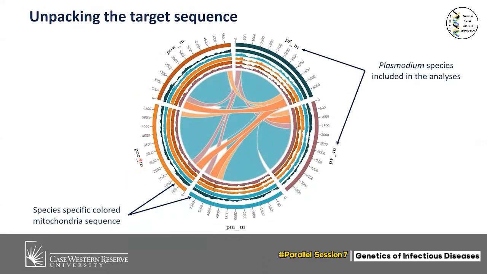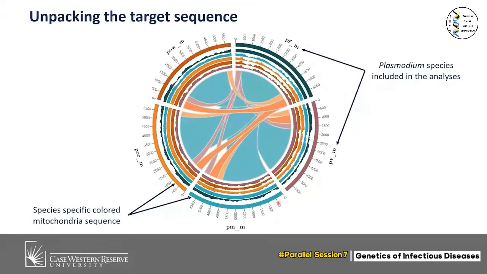And then the _M just means that this Circos plot is specifically for the mitochondria. And finally, I do want to note that each of the species has its own color. So anytime you see this specific color, and not necessarily the lighter version of it, it indicates that somewhere in this analysis was, for example, Plasmodium malariae.